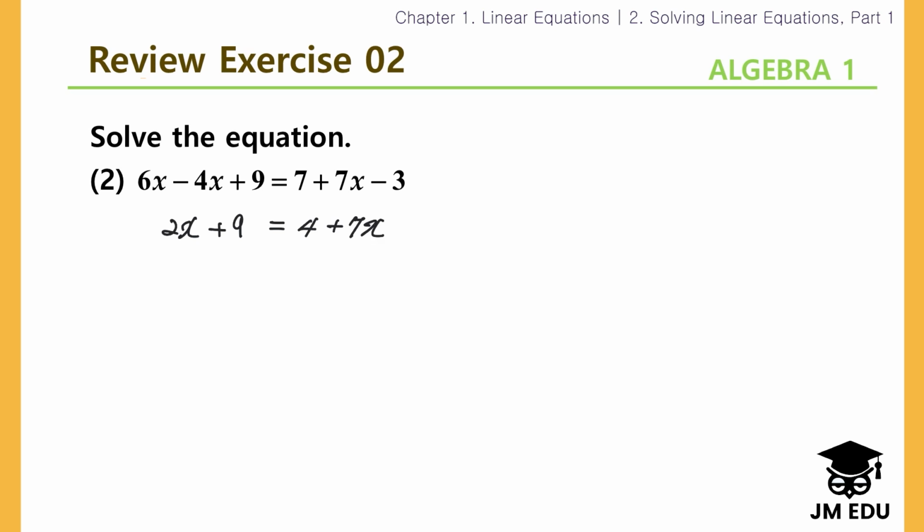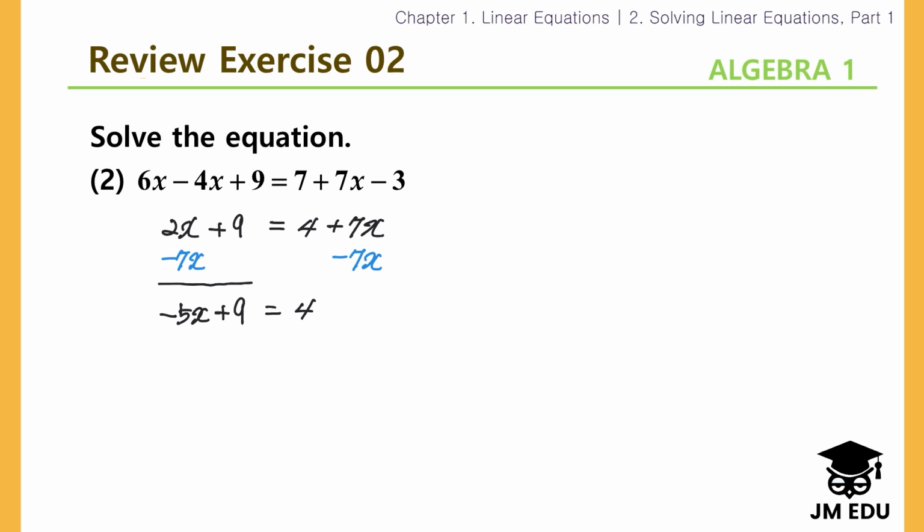So we're going to eliminate 7x on the right hand side by subtracting 7x. And we've got to do the same on the left hand side. So on the left hand side, 2x minus 7x, that's minus 5x. And we have a plus 9 is equal to 4.